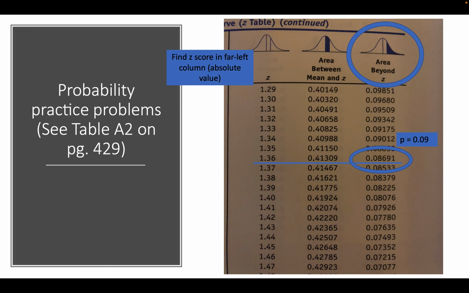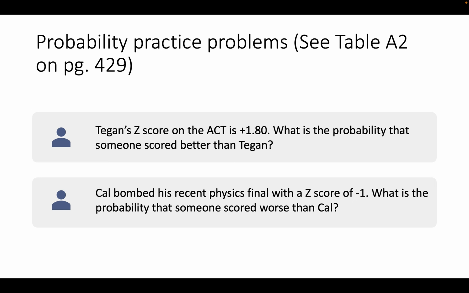All right, let's try another one. There are some probability practice problems on table A2, page 429 in your textbook. You can go ahead and pause the video, get that all pulled up. But what is the probability that someone scored better than our friend Tegan here, who got an ACT z-score of 1.80? I'm going to give you just a second to work that problem out.